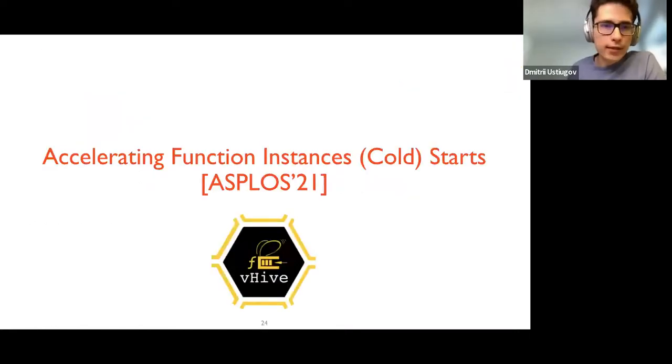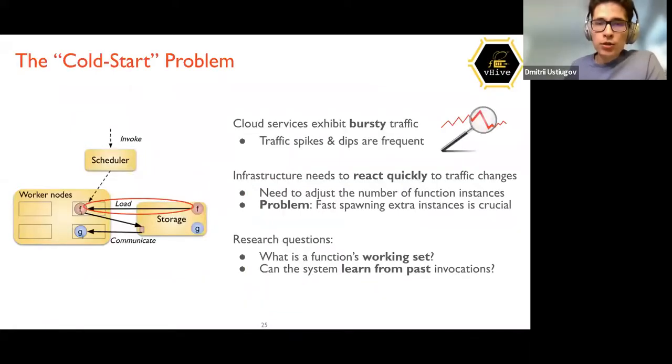So let's start with characterizing the cold starts. Cloud services commonly experience frequent changes in internet traffic, and serverless workloads are no different. So it is essential for the cloud infrastructure to monitor the load and timely react to its spikes by quickly spawning new instances of overloaded functions. This problem is commonly referred to as the cold start problem.